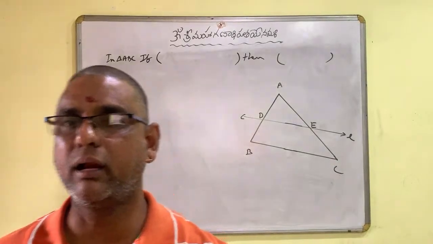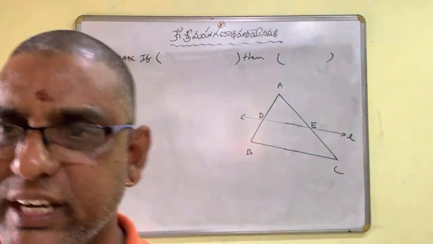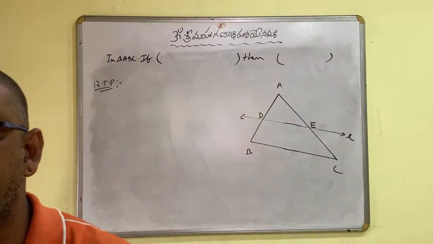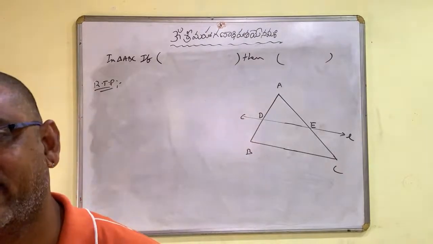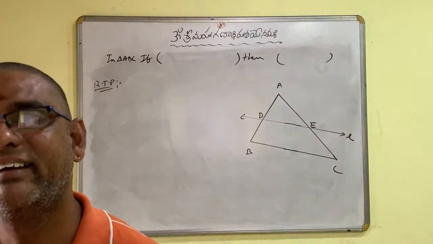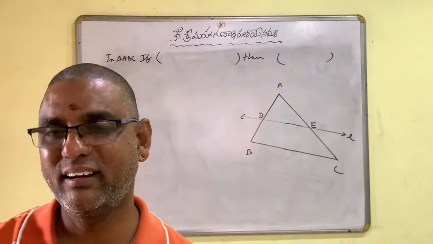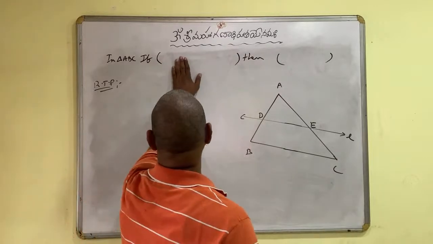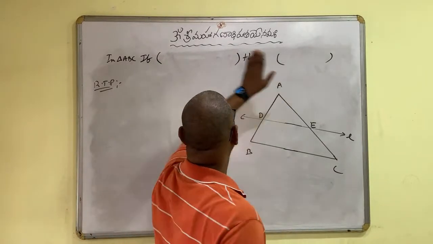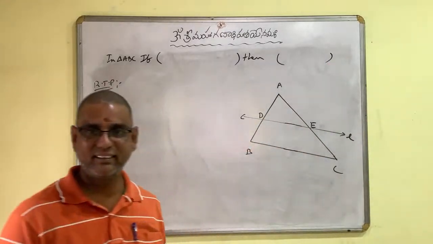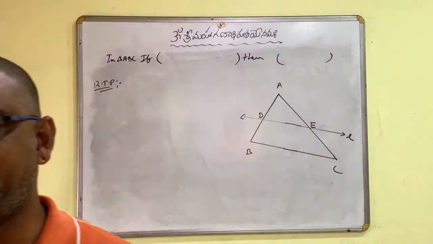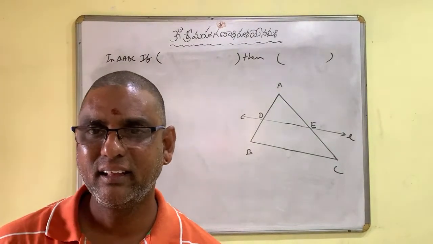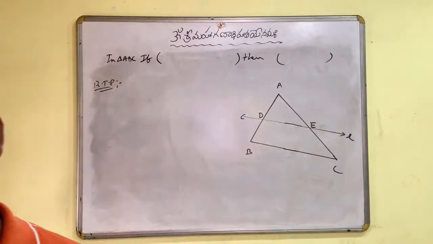If a line is drawn meeting any distinct points of the triangle... Good. If AD by DB equals AE by EC, then it is parallel.